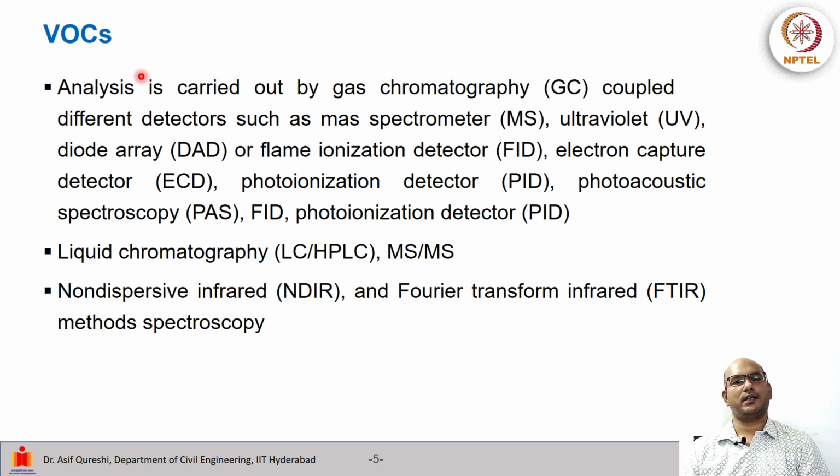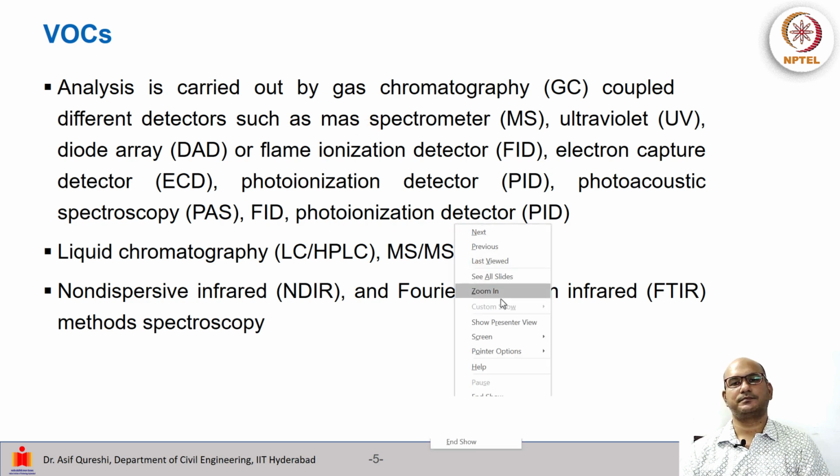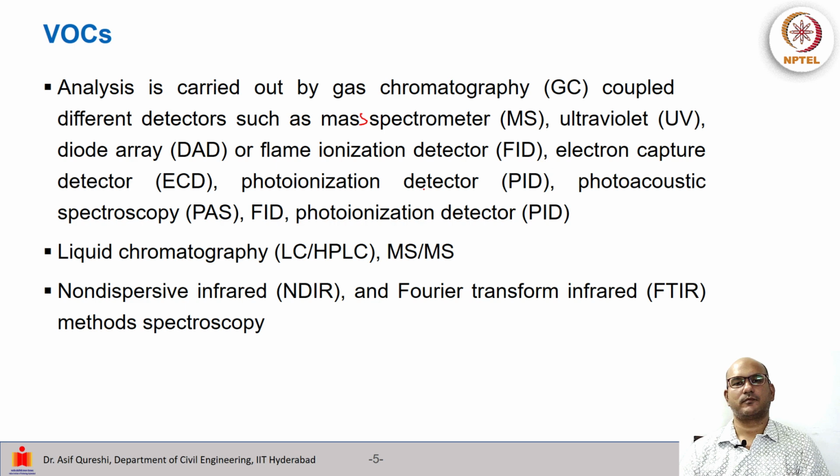Once collected, analysis may be carried out by gas chromatography coupled to different detectors, which could be a mass spectrometer, diode arrays, flame ionization detectors, electron capture detector, photoionization detector, or photoacoustic spectroscopy.